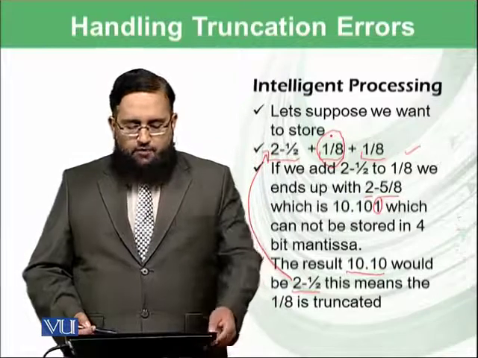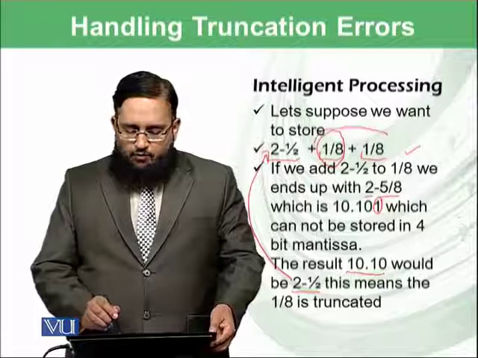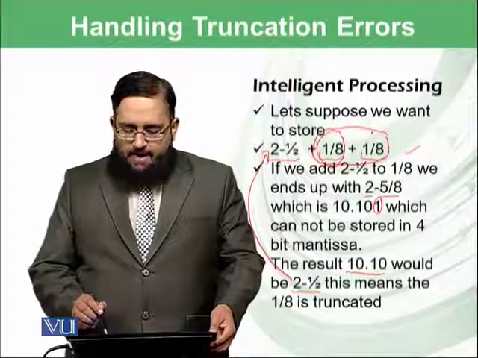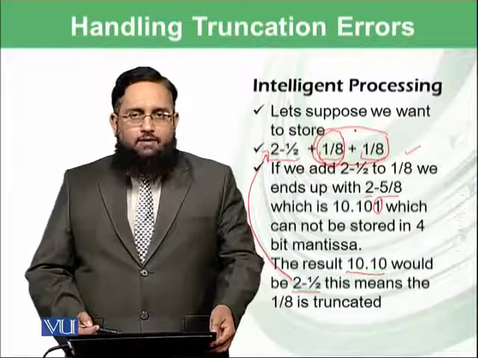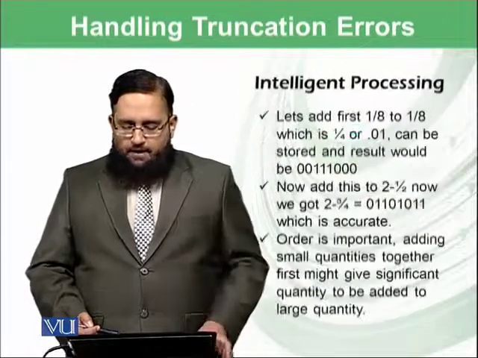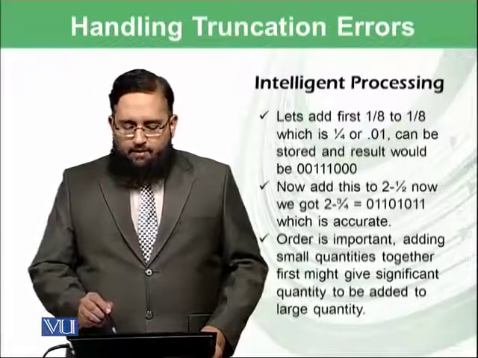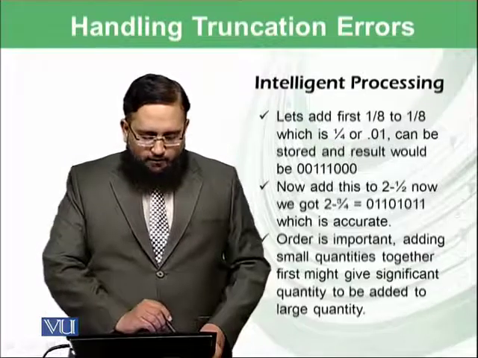So let's try to solve it in another way. Let's first add 1 by 8 and 1 by 8, and then add that answer to the 2 whole 1 by 2. If we add 1 by 8 to 1 by 8, we will have 1 by 4.